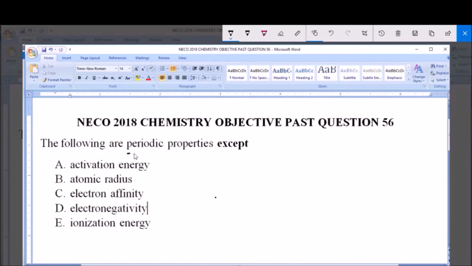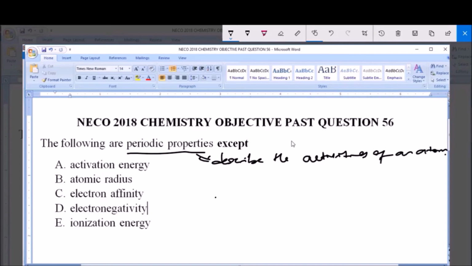And like we know, periodic properties describe an atom, or they just describe the activities of an atom, of an element. Now, let's briefly look at all these options. Option A says activation energy.